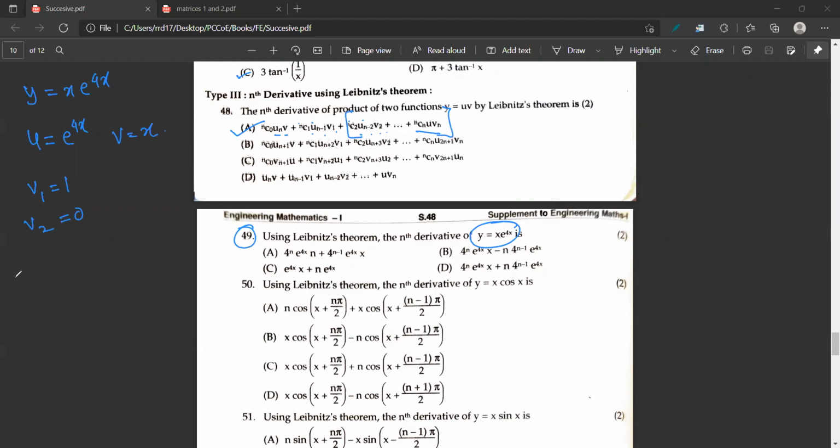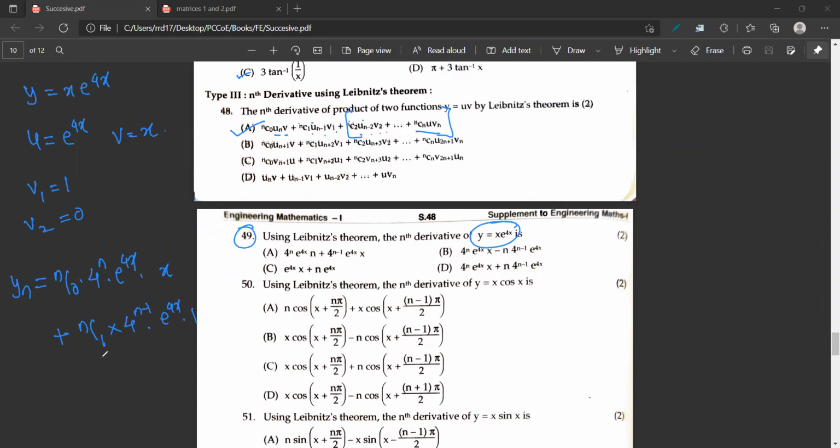So what is the answer we'll get? y_n is going to be equal to nC0 into u_n. What is the nth derivative of e raised to 4x? 4 raised to n into e raised to 4x. And v as it is, so it is just x. Plus what? nC1 into u_(n-1), which is 4 raised to n minus 1 into e raised to 4x, into v1, which is just 1. So that is your answer.